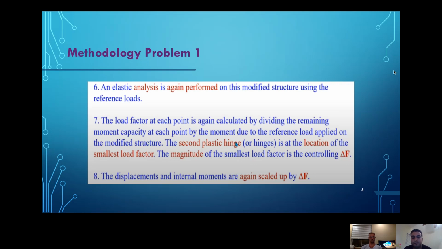For number 7, the load factor at each point is again calculated by dividing the remaining moment capacity at each point by the moment due to the reference load applied on the modified structure. The second plastic hinge or hinges is at the location of the smallest load factor, and the magnitude of the smallest load factor is the controlling delta F. Number 8 is the displacement, and the internal moment is scaled again by delta F.